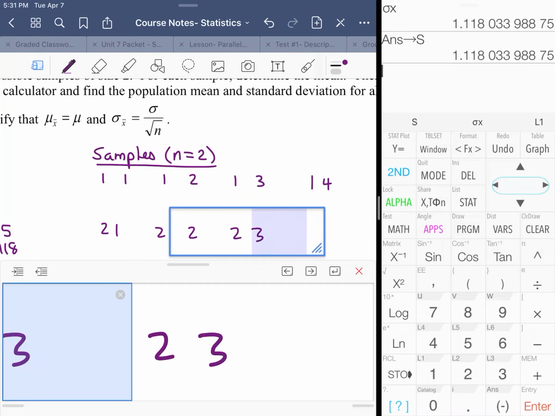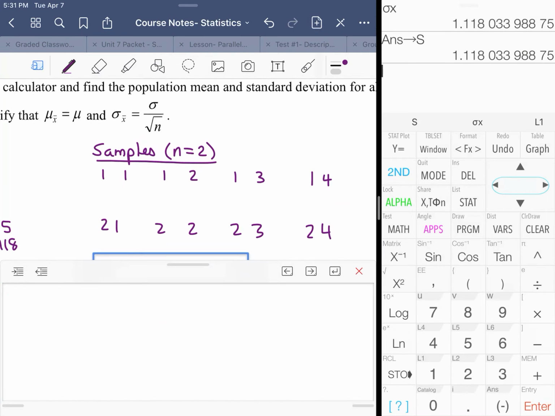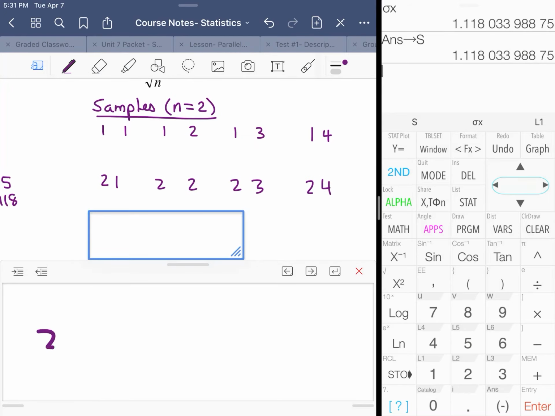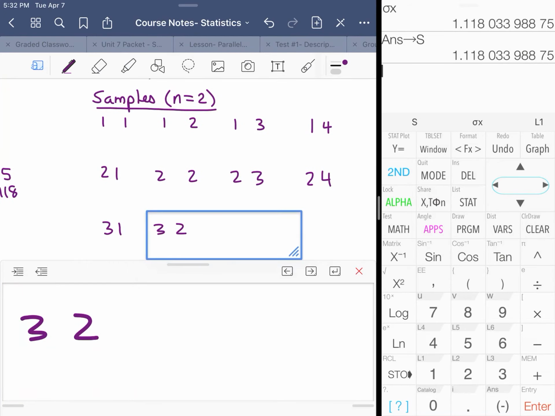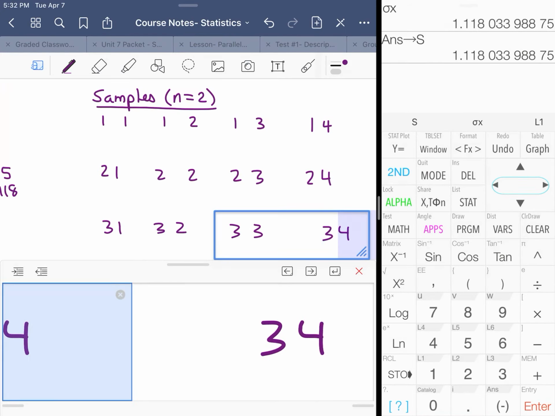2,3; 2,4; 3,1; 3,2; 3,3; 3,4. Oops, undo, redo.